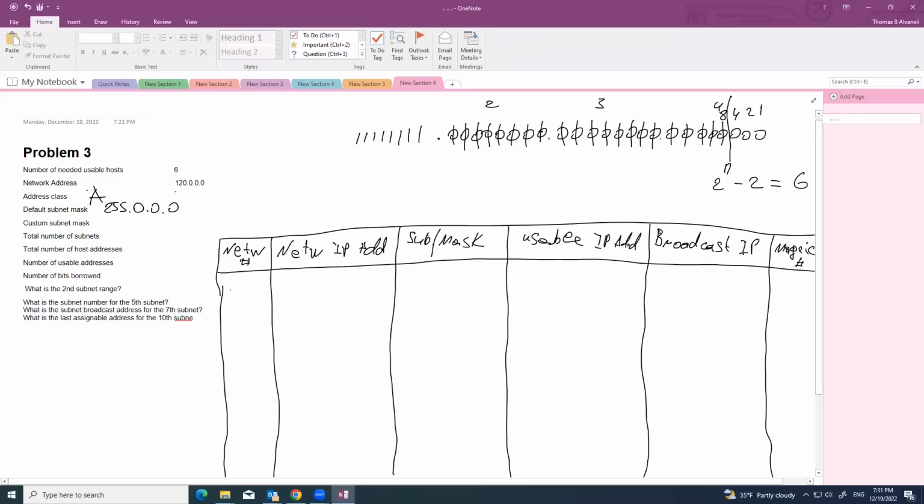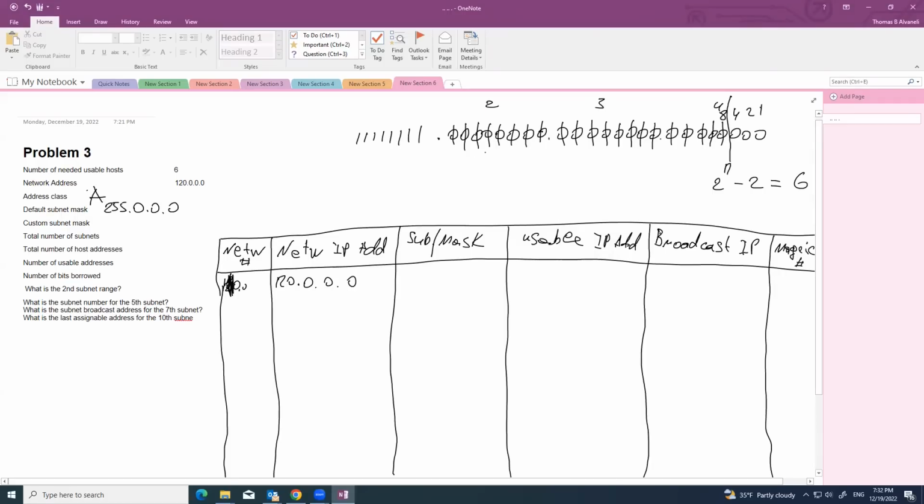Our original address is 120.0.0.0. After borrowing those zeros from the host portion and including them in the network portion, we now have the custom subnet mask.